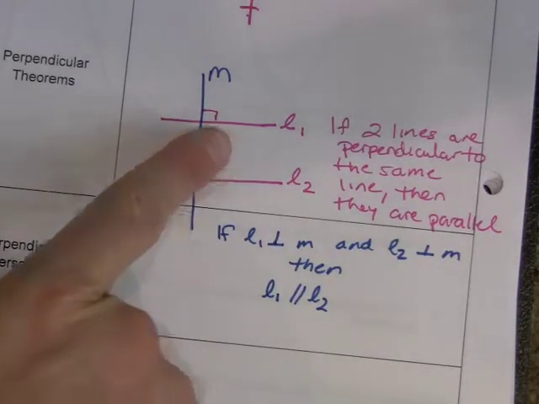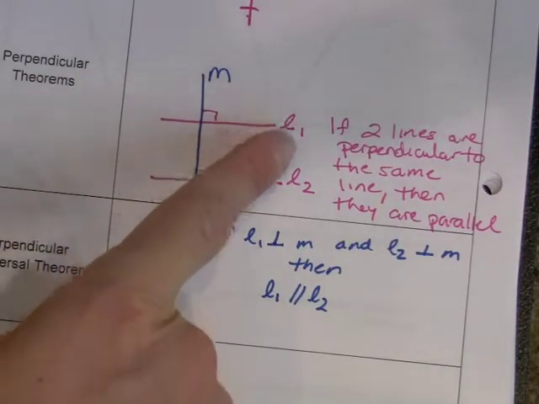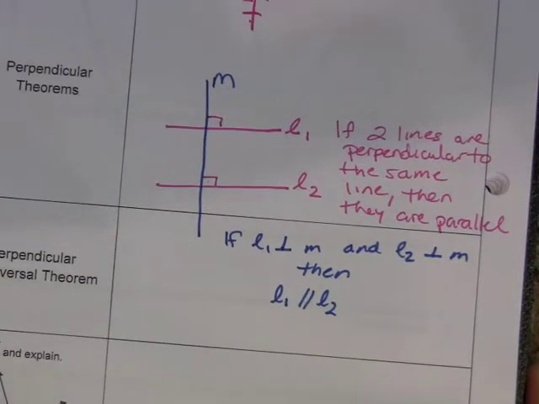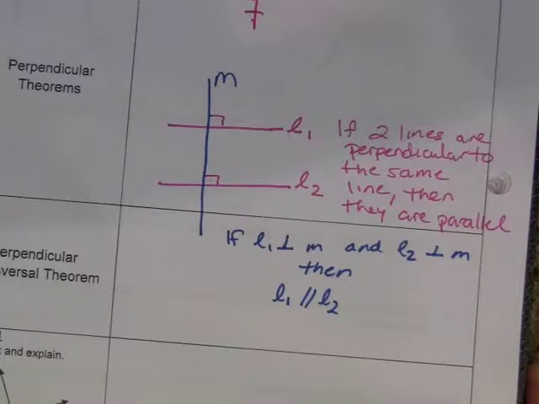So if L1 is perpendicular to M, L2 is perpendicular to M, then L1 is parallel to L2. Any clarifying questions on perpendicular lines? Again, the key is that these are two lines that intersect. They form four right angles. That's the key that you need to know for this section.